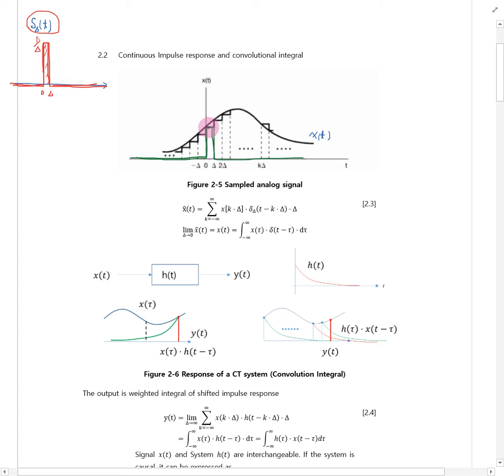So this function can be expressed this way: x(0) times delta sub delta of t times delta. So this is a function of time. This is the time axis, all the way 0, then the impulse, and goes to 0.